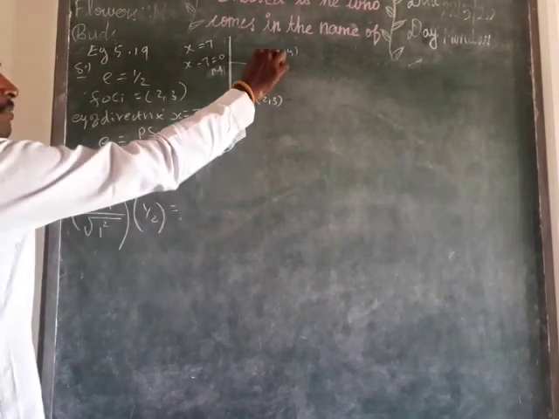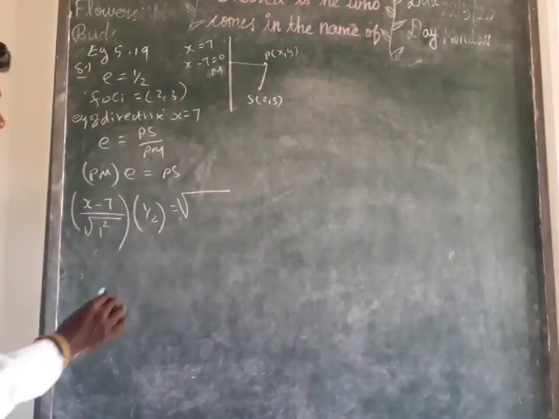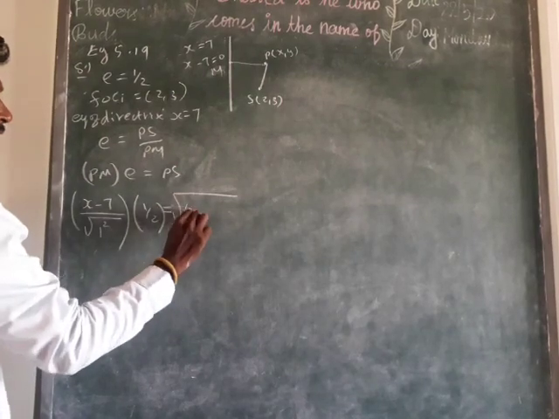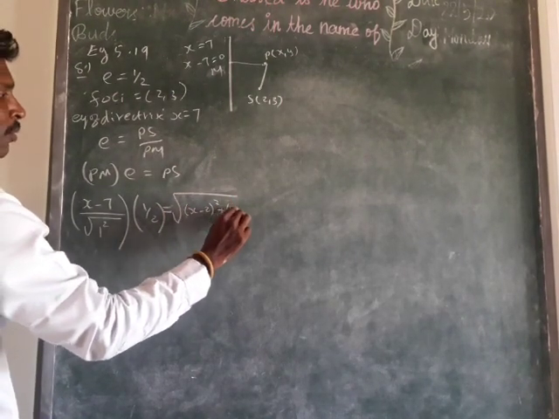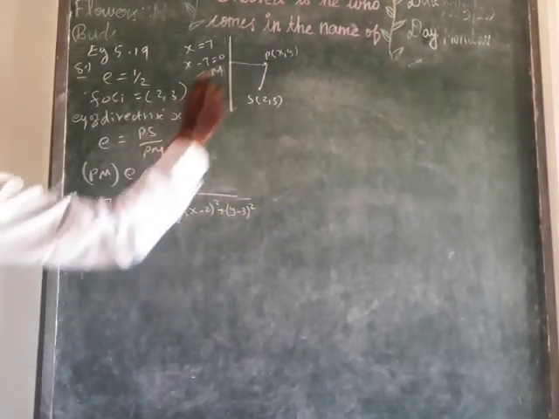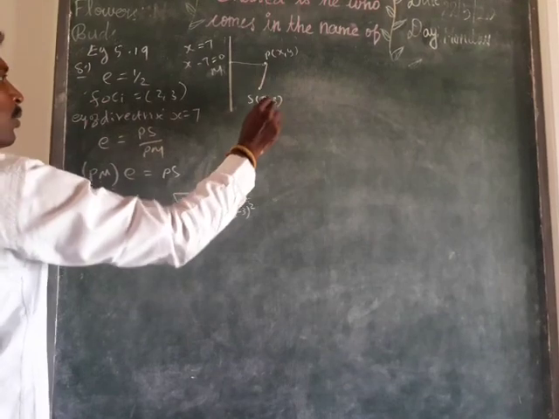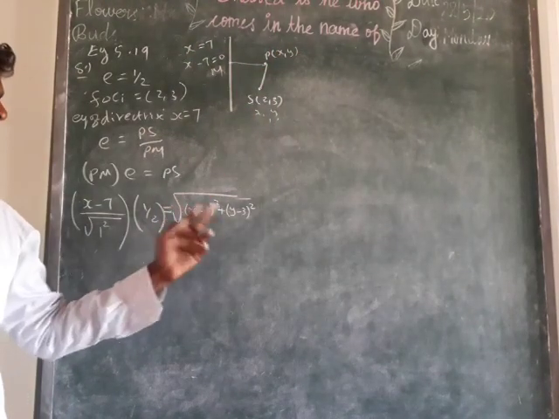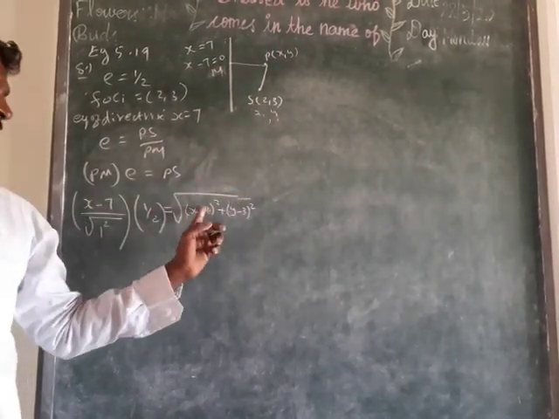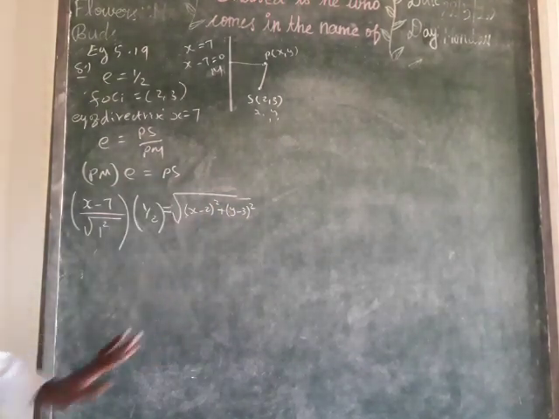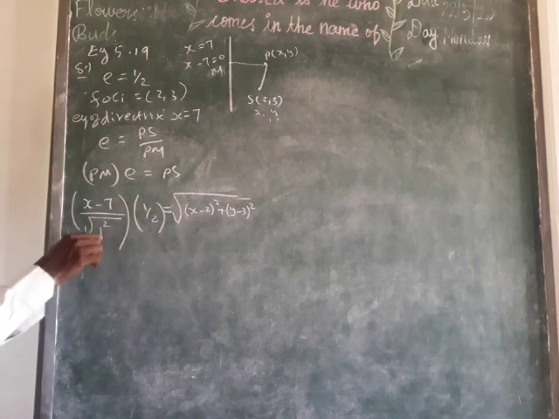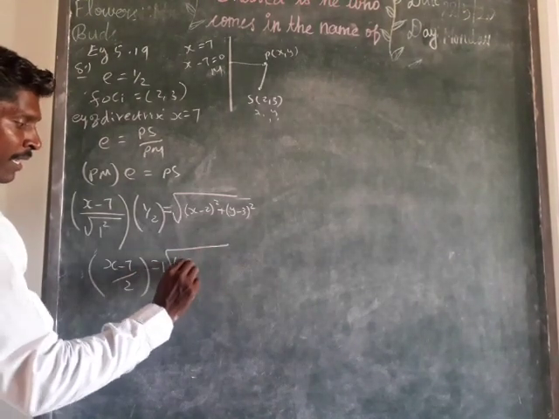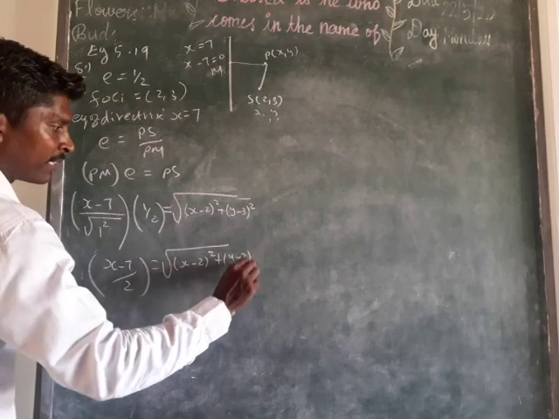Now the distance between the two points. You know the distance formula from lower classes: x2 minus x1 and y2 minus y1, the whole squared. So the distance between B and S is the square root of x minus 2 the whole square plus y minus 3 the whole square.